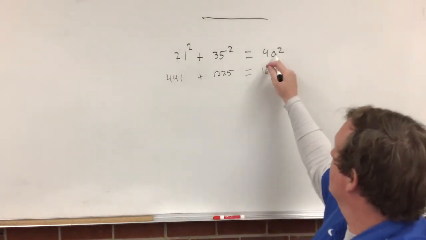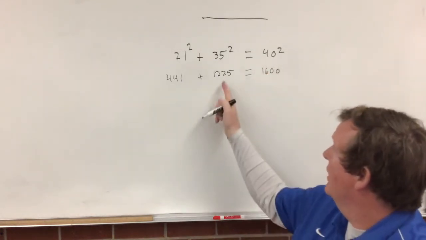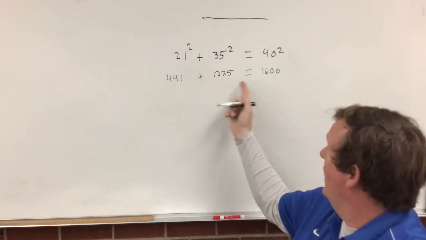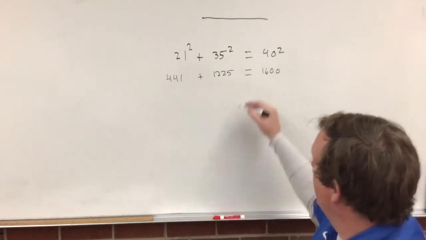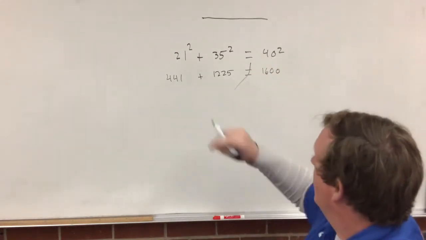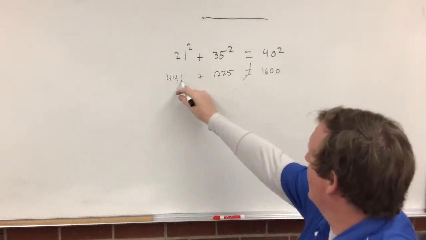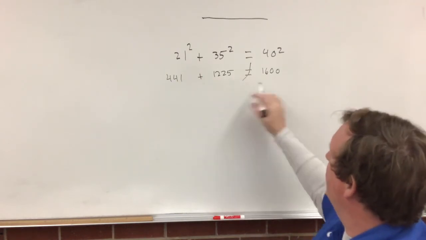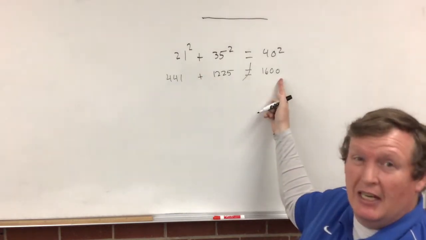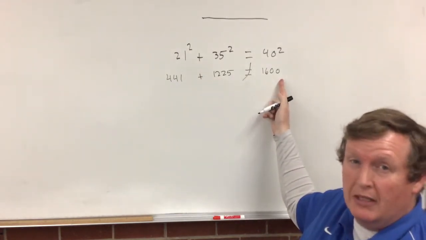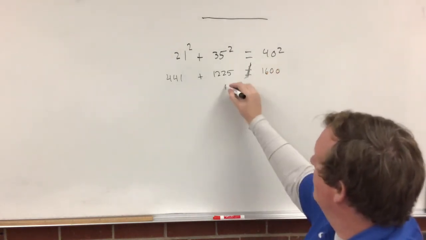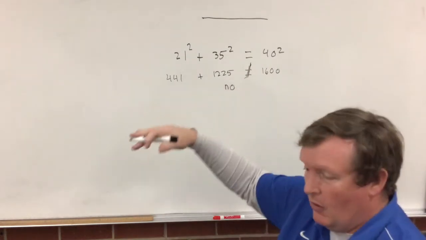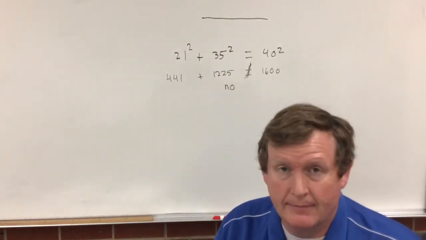Because 4 times 4 is 16, and then 2 extra zeros. So then, these two have to add up to equal that. If they don't, then we have a no. In this situation, we have a no, because I can already tell 1 plus 5 isn't going to give me a 0 at the end like it has over here in the ones place. So I can already say no, and so my answer to that would be no. And then I move on to the next one.